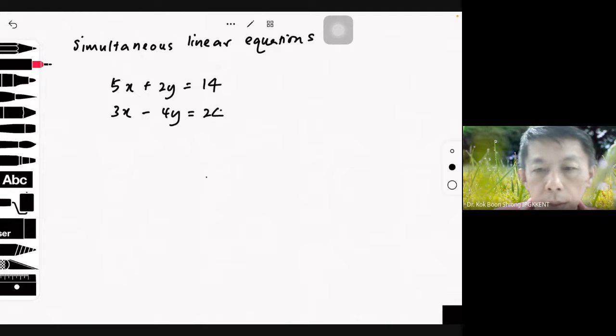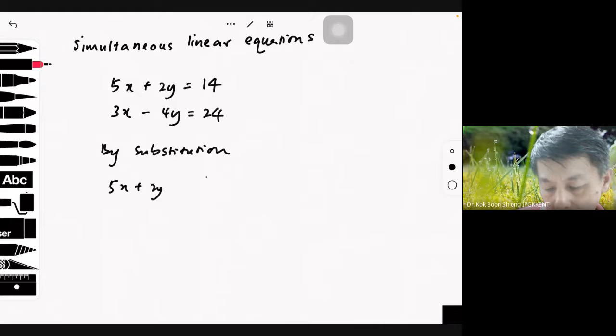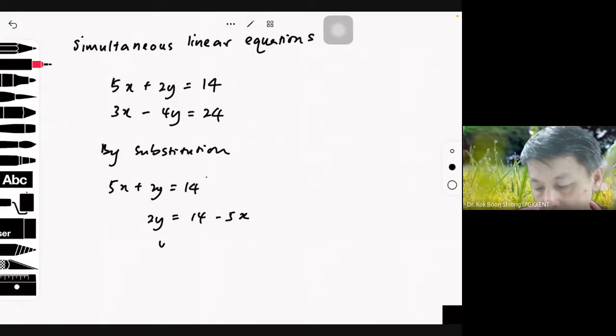So this is by substitution. We can say 5x plus 2y equals 14, so 2y equals 14 minus 5x. So y equals 7 minus 5x over 2. And then we substitute the y into the second equation.